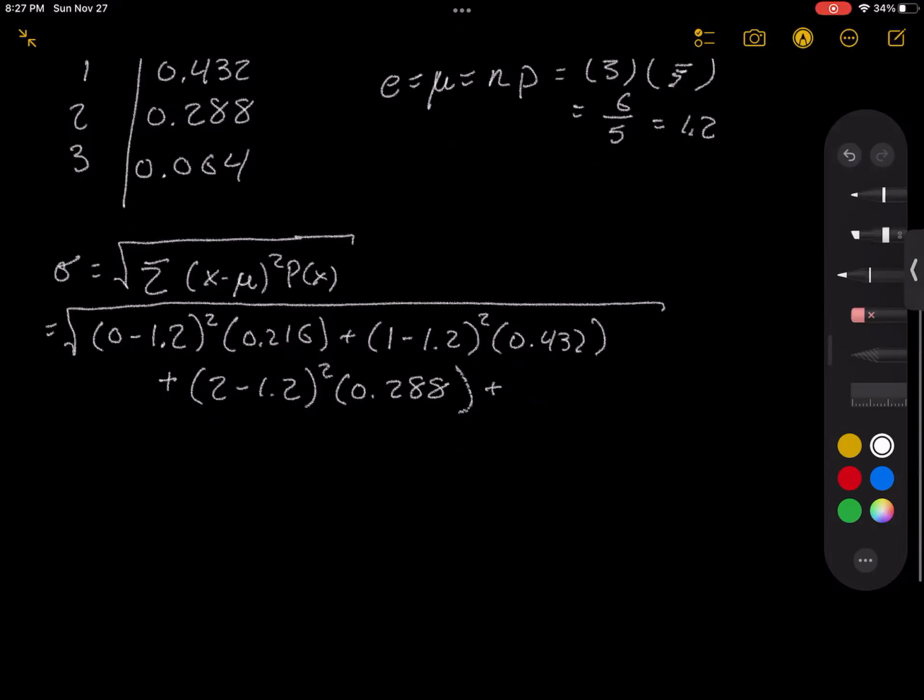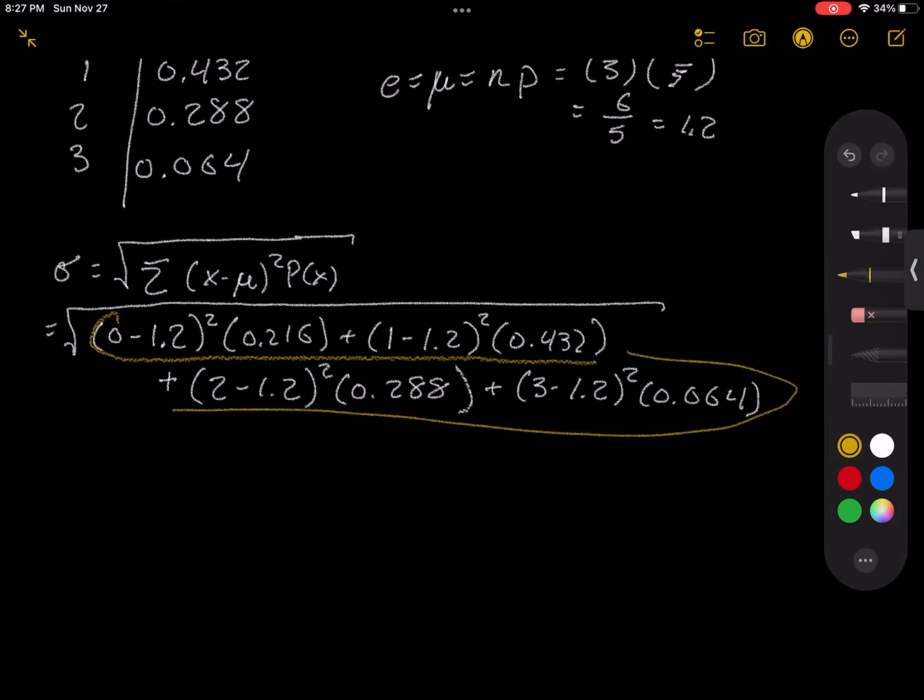And finally, I could have 3 twos. I'm expecting, oops, not 1.4, but 1.2. And the probability of 3 twos occurring is 0.064.